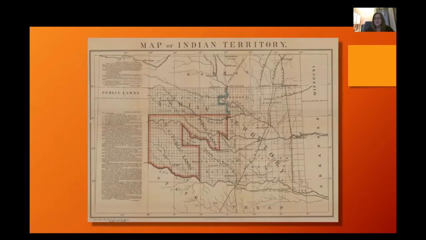In the maps and spatial data area of the library, we have some amazing maps and aerial photos from over a century of Oklahoma history. And they can provide information on everything from ground cover and drought to railroad development, community evolution, land ownership, things like that.